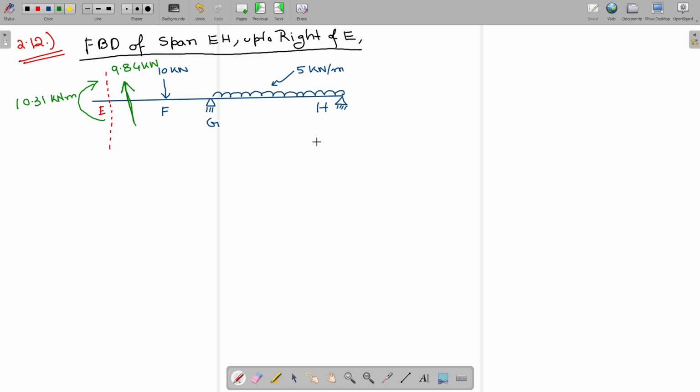Now we need to find the reaction at RH. So from this we can write like this. This is RH. Okay. This is 4 meter. FG is 1 meter. And EF is also 1 meter.